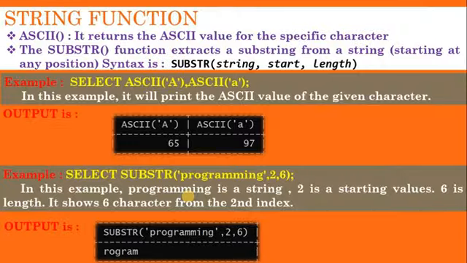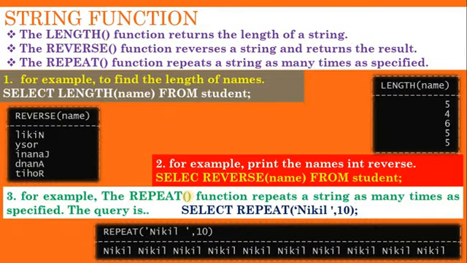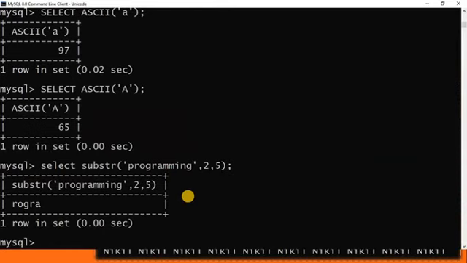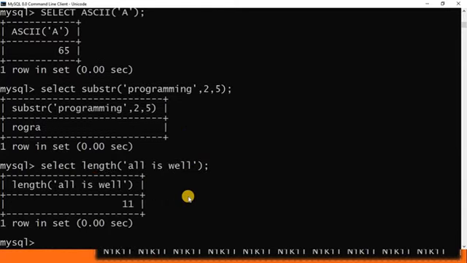Okay. The next function is string length. The LENGTH function returns the length of the string. Now I am going to find the length of a string. Simply we can give SELECT LENGTH. LEN also works as a general name. 'All is well', there are 11 characters here. ALL is 3, IS is 2, WELL is 4, 3 plus 2 is 5, plus 4 is 9 only, but it displays 11 because spaces are also 1 byte, space is also a character here.